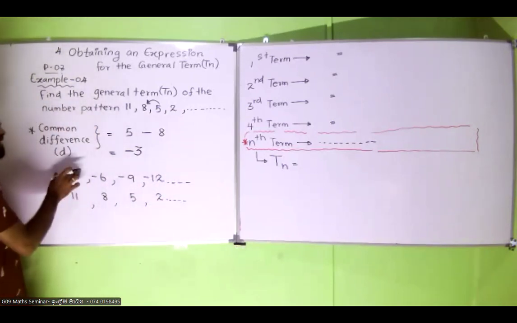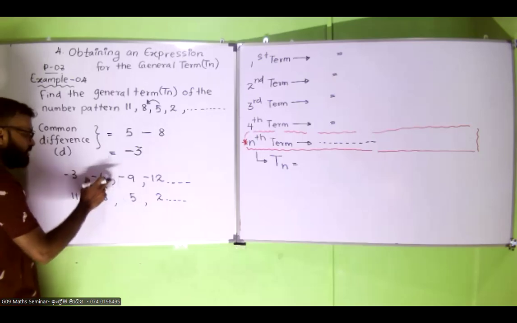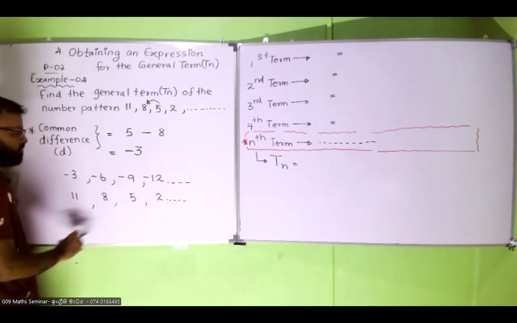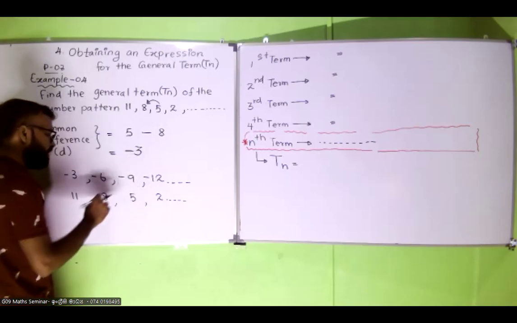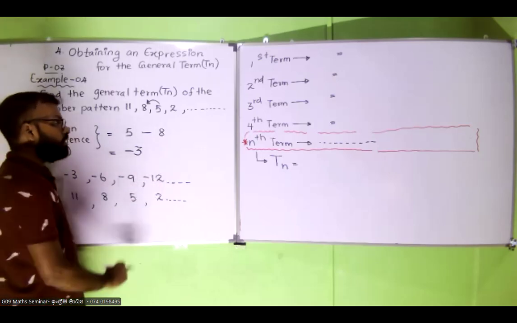So by using minus 3, you are going to obtain 11. By using minus 6, you are going to obtain 8. By using minus 9, you obtain 5. By using minus 12, you obtain 2.